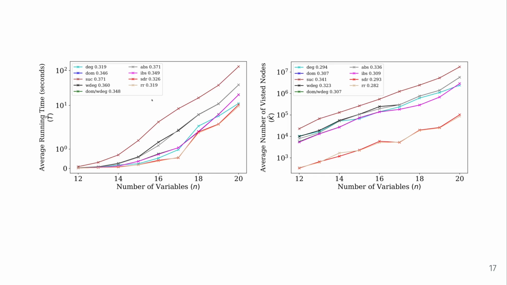So it might be, as we speculate, the case that as n goes really large, the advantage of SDR and R would be much larger than the other algorithms. Because the y-axis is again in logarithm scale, a tiny difference in the slope can lead to dramatic effects. Similarly, for the number of visited search nodes, we have a very similar trend. We have a large gap between SDR, R, and the rest of the algorithms.